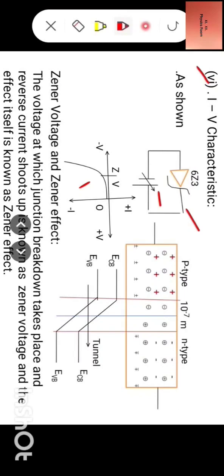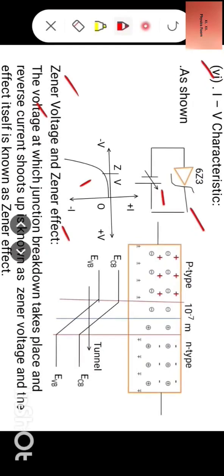Now let us define Zener voltage and Zener effect. First we take up Zener voltage. What is Zener voltage? The voltage at which junction breakdown takes place and reverse current shoots up is known as Zener voltage, and the effect itself is known as Zener effect.